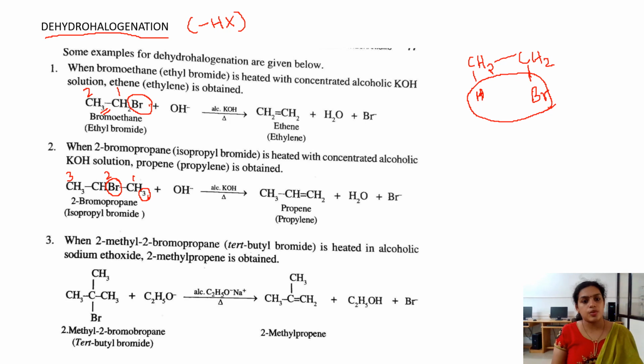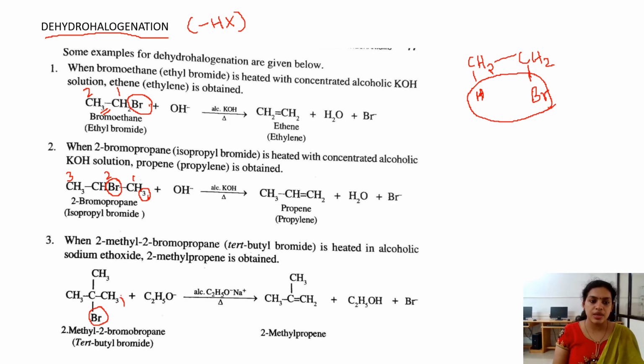And this is tertiary butyl bromide. When it reacts with alcoholic sodium methoxide, which is in fact a stronger base, you get 2-methylpropene as the major product. Here also the bromine is eliminated from this carbon, and all three methyl carbon atoms are identical.